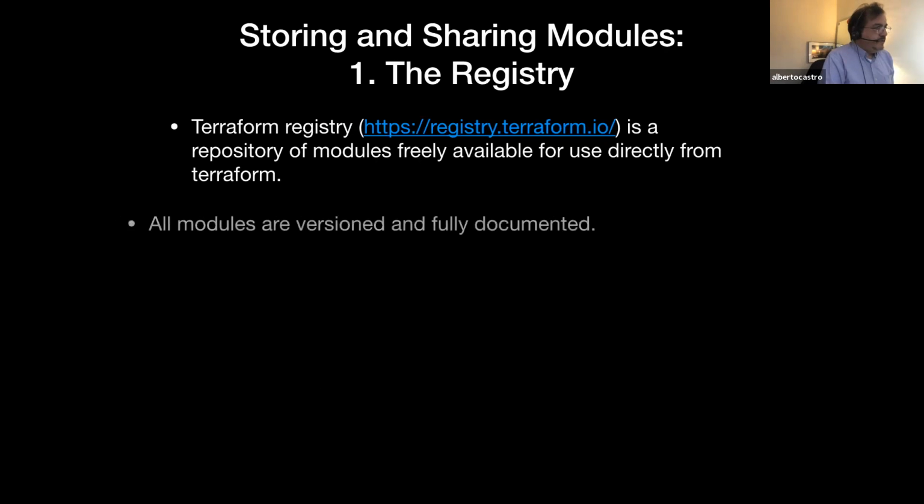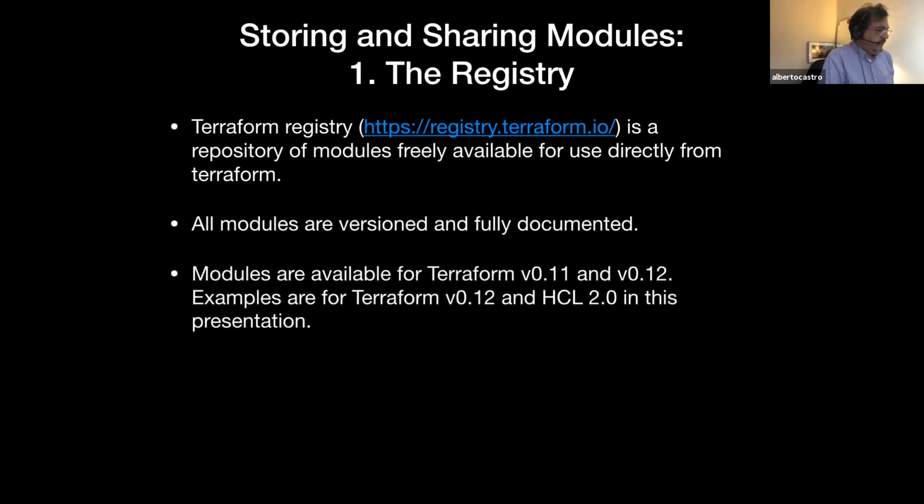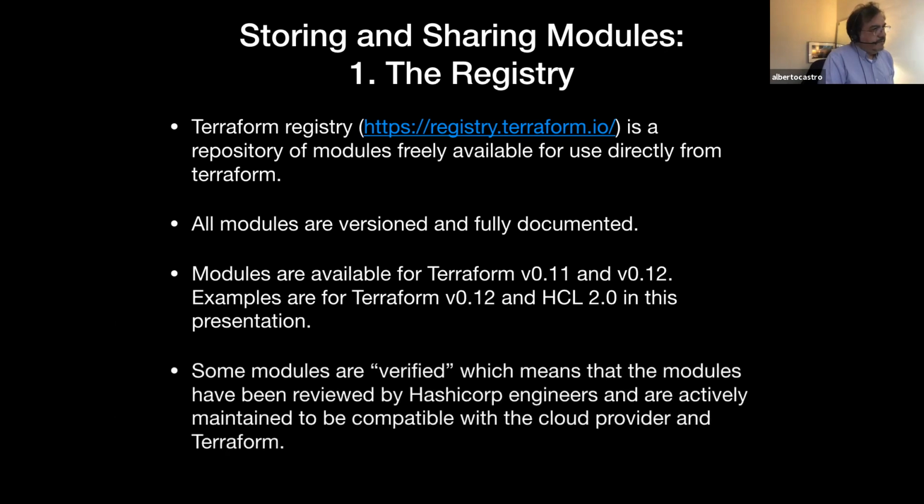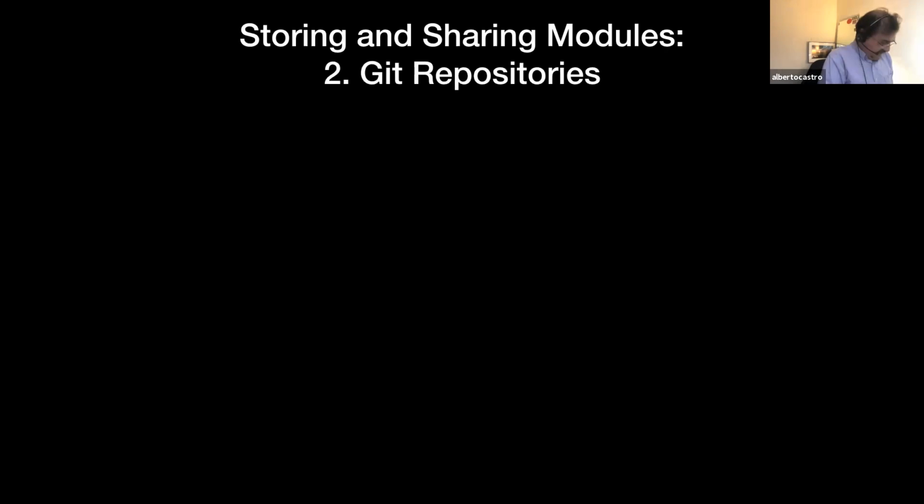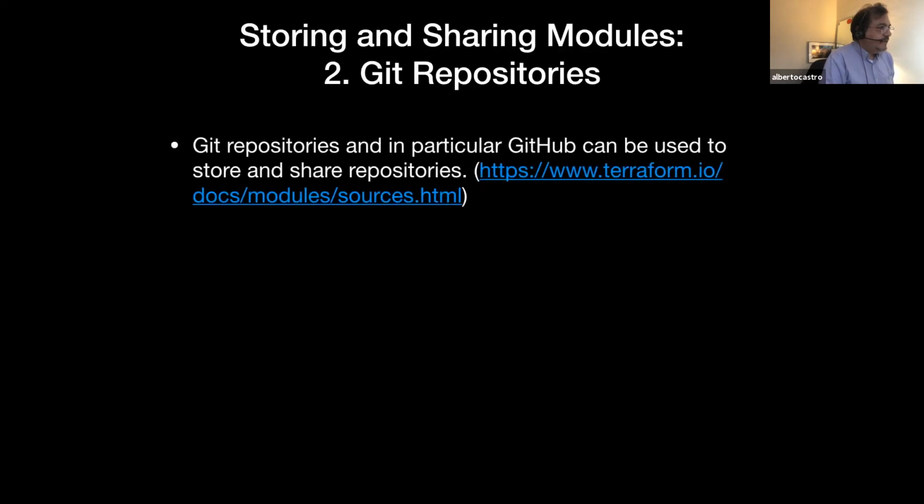So, storing and sharing modules. There's information about the registry. I'm going to skip it here, but it's really important that you go there and look. If you want to learn Terraform, go to the registry and see how people write these things, especially one named Anton Babenko, which is just some of the most amazing code that I've seen in Terraform.